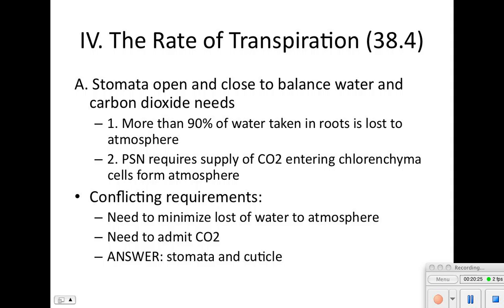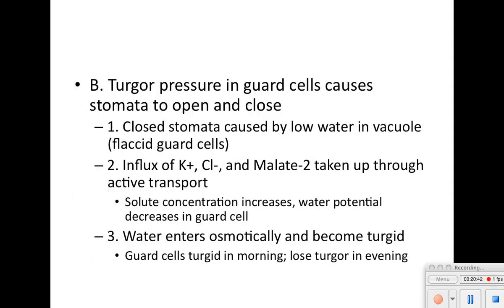So there's some conflicting requirements, because the plants need CO2, but they don't want to lose all of their water to the atmosphere. So how in the world do they do this? They use the stomata and the cuticle to help balance their needs and their loss. So there's that turgor pressure inside the guard cells that causes the stomata to open. When the stomata is closed, there's low water in the vacuole.